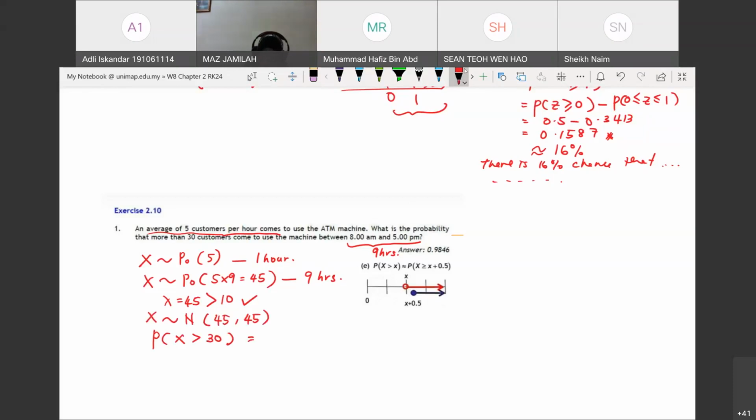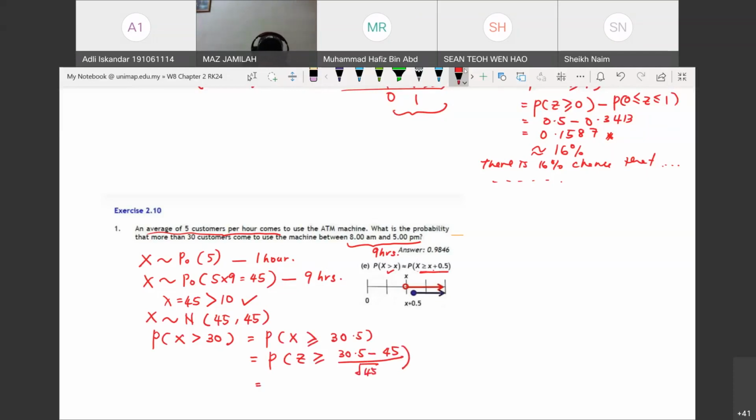Correction factor for greater than is plus 0.5, so P(x greater than or equal to 30.5). Then transformation to standard normal. So P(z greater than or equal to (30.5 minus 45) divided by square root of 45).